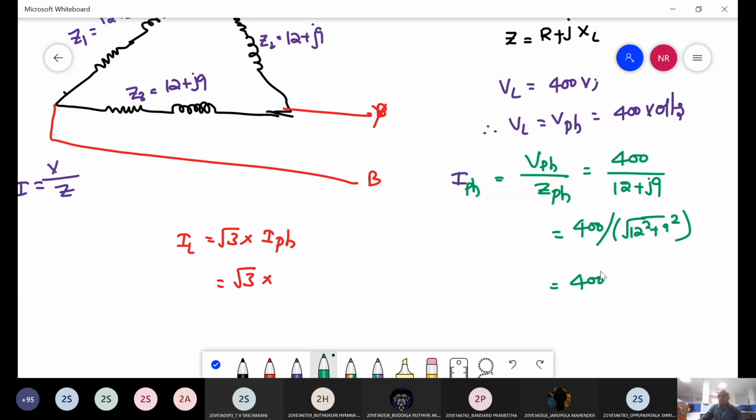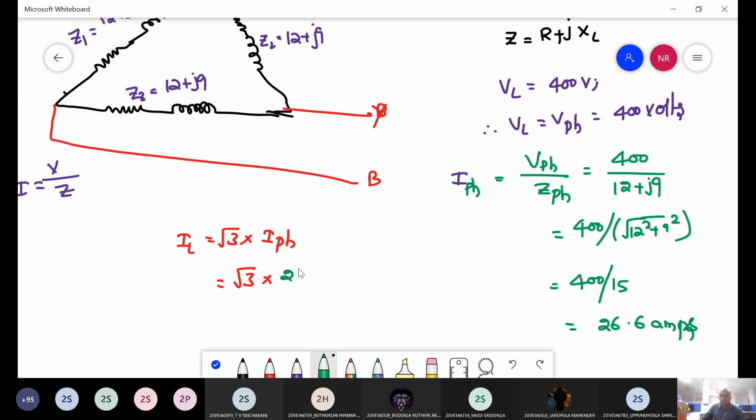That is 400 divided by 15. Now are you happy? Now tell me I phase. 26.6 amperes. Now IL is equal to root 3 into I phase.